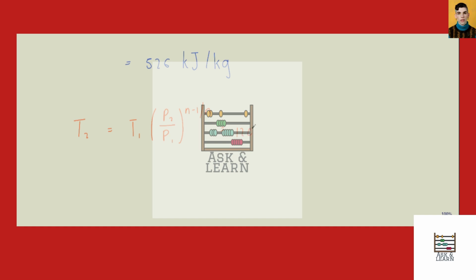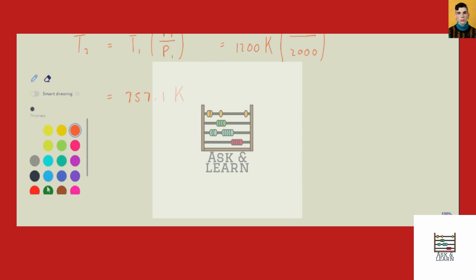So this is equal to 1200 Kelvin, which is T1, into the ratio of the pressures, 100 kilopascals over 2000 kilopascals, to the power 0.25 over 1.25. And so we get the temperature of the final state, T2, to be 757.1 Kelvin.